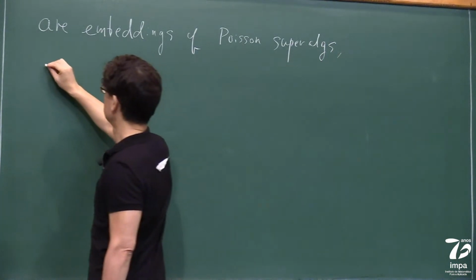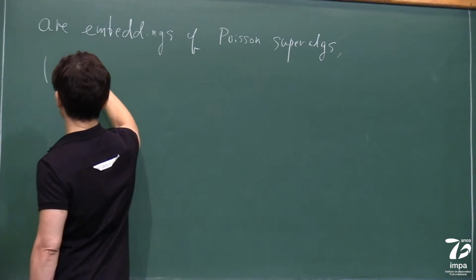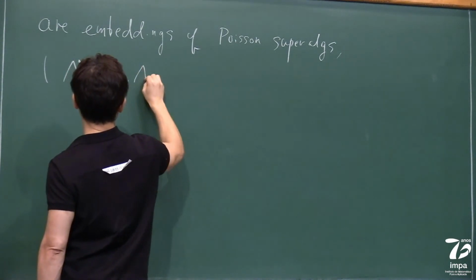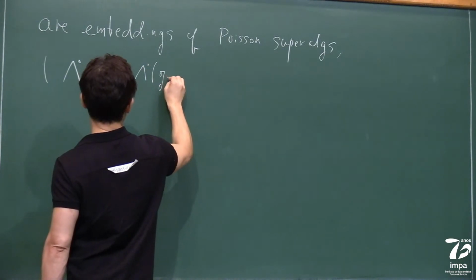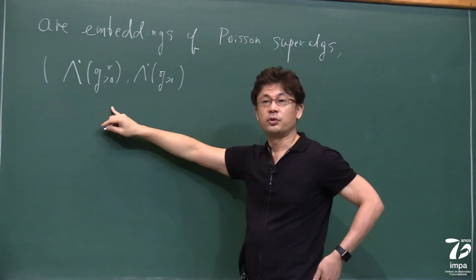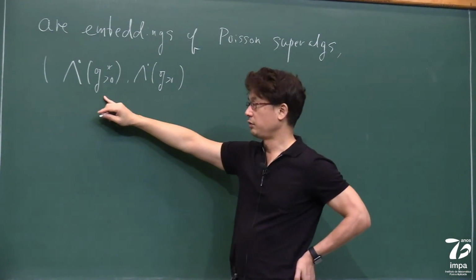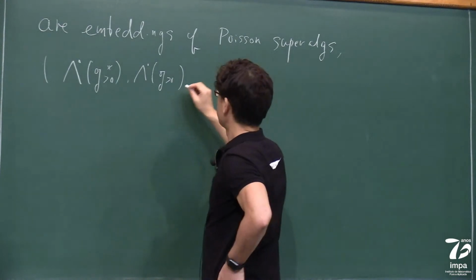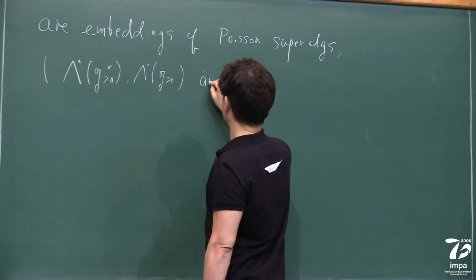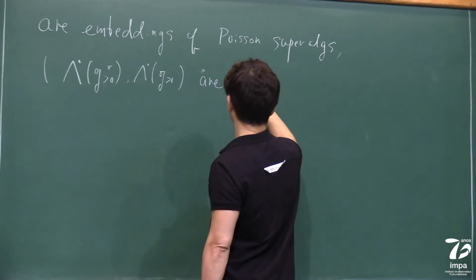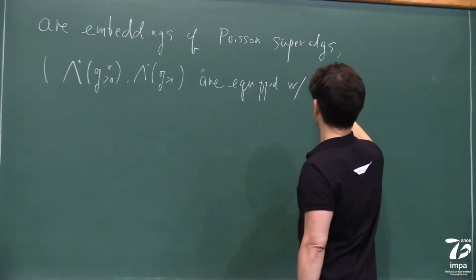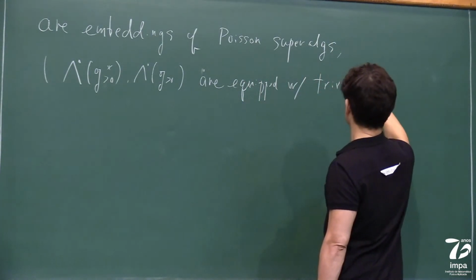where these Grassmann algebras are naturally superalgebras, where generators have odd degree, and we view these as equipped with the trivial zero Poisson bracket.